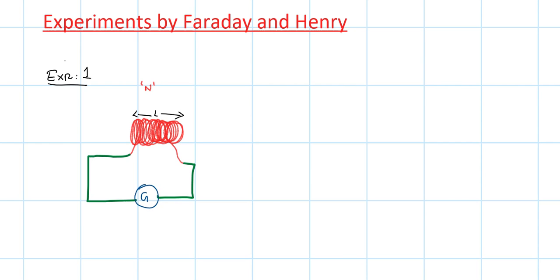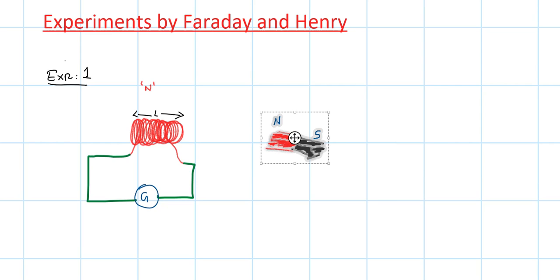Very close to the solenoid that we have just set up, let us place a bar magnet. Now let us move the magnet from its position to another position very fast, say like that.